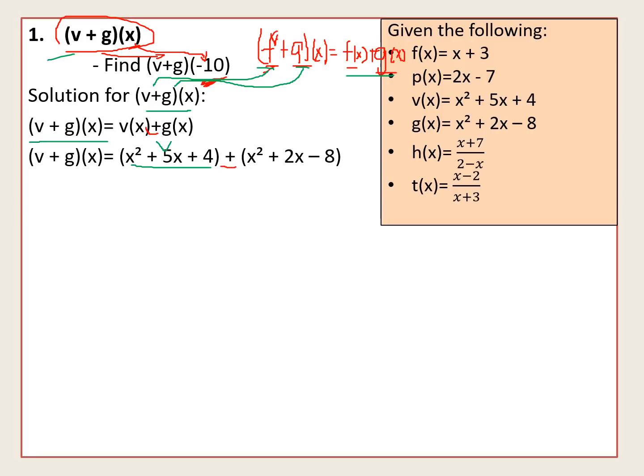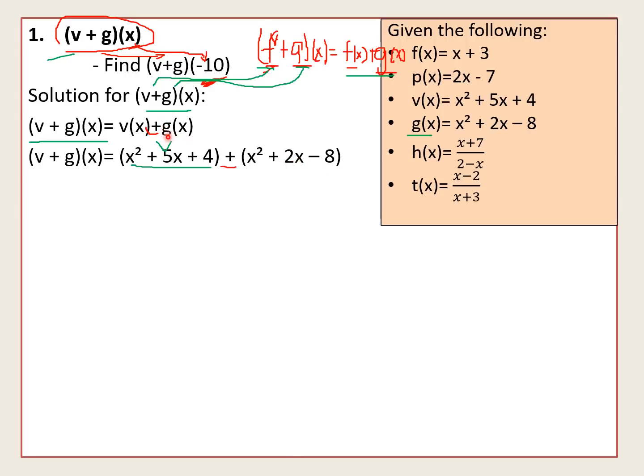G of x. What is the value of g of x? The value of g of x is x squared plus 2x minus 8. So, itong value ng g, x squared plus 2x minus 8, ilalagay natin dito.